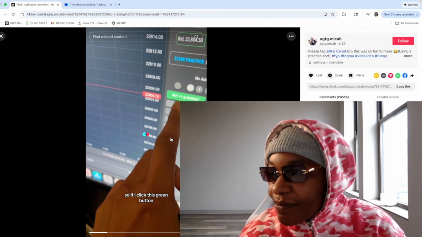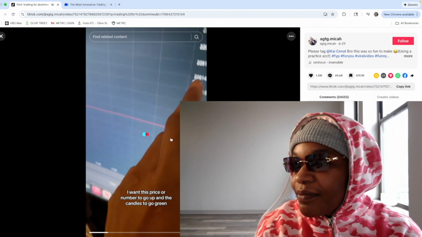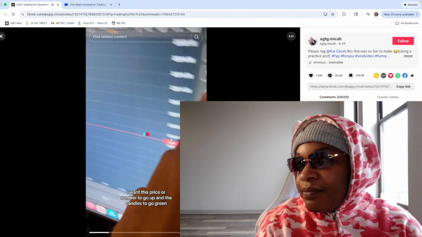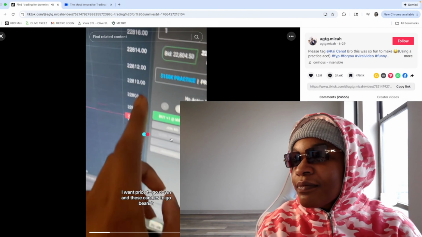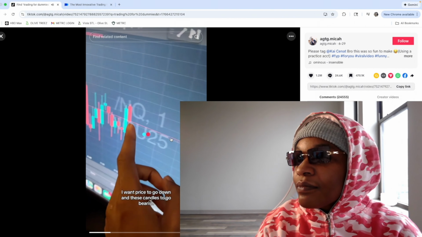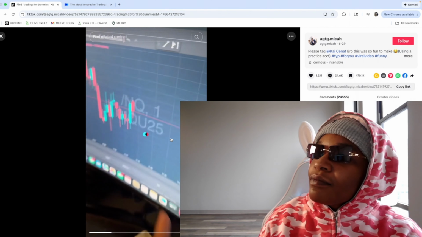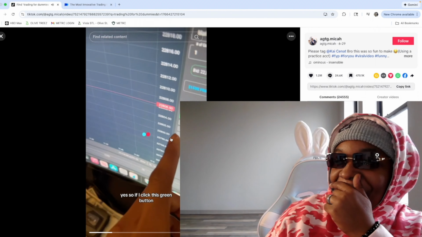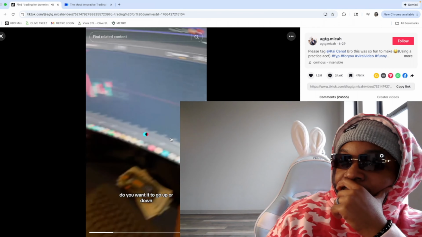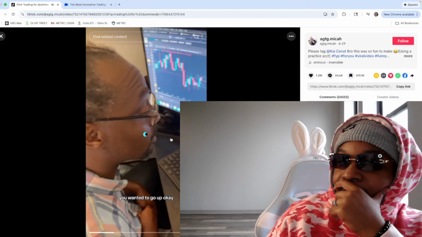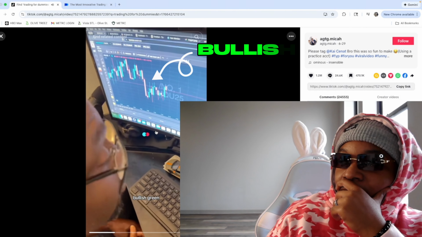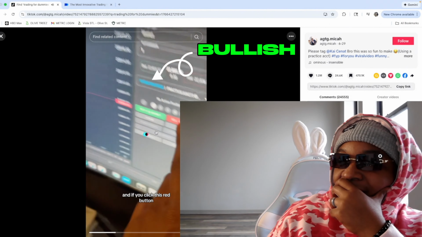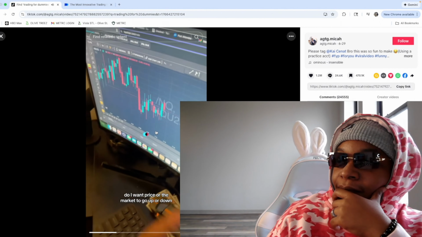So if I click this green button, I want this price or number to go up and the candles to go green. If I click this red button, I want price to go down and these candles to go bearish. Okay, does that make sense? Yes. So if I click this green button, do you want it to go up or down? You want it to go up. Okay. Bullish. Yes, sir. And then if you click this red button, do I want price or the market to go up or down?